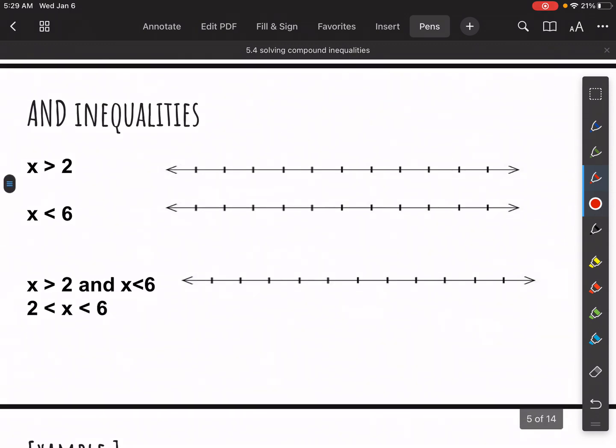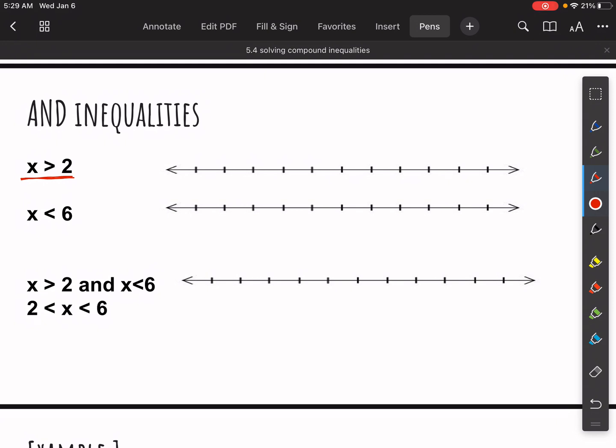So let's look at and inequalities. Like I said, these happen when you want to look at a range between two numbers. In this case, what happens if x is greater than 2? I'm going to label this whole number line. Up until this point, I've been having you just jot down 1 or 2 points on these.